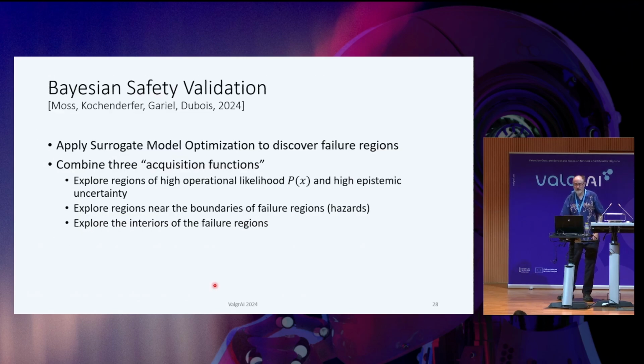And so there's a very nice paper that just came out a few weeks ago from Michael Kochenderfer's lab at Stanford University. He has a startup company in autonomous aircraft, and they use this technique of surrogate model optimization to simultaneously discover the failure regions and then estimate the probability of failure under normal operations.